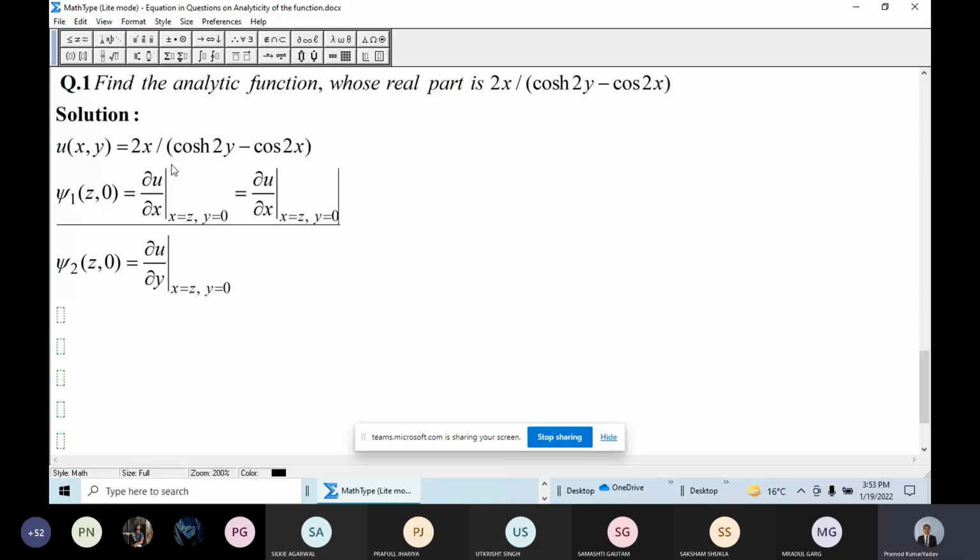Anyone can calculate it? Mukesh? Shivangi? Yes, sir, doing. Please do it.